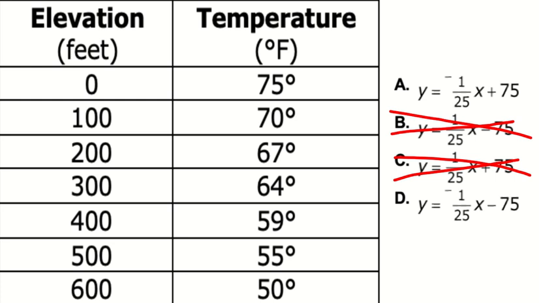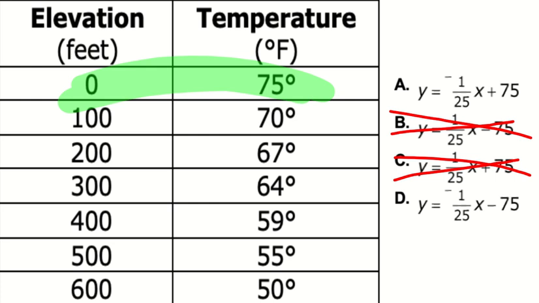Y-intercept, the x value is always 0. It's crossing on the y-axis, where the y-axis and x-axis meet at 0, 0, the origin. So y'all look. Ain't that my y-intercept then?